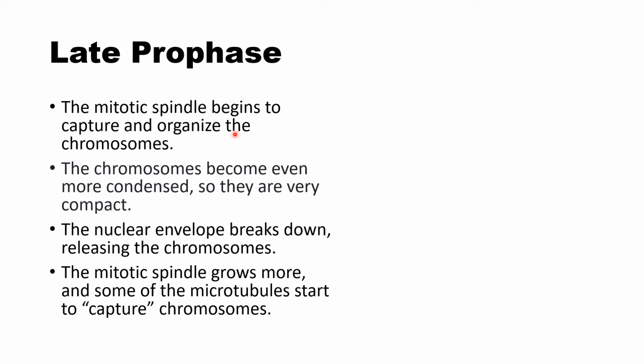So, again, in the late prophase pa rin, the mitotic spindle now begins to capture and organize the chromosome. Di ba? Yung mitotic spindle wherein nandun yung microtubules, nagbabind na sila doon sa mga chromosome, specifically on its centromere. So, with that, yung mitotic spindle now, it will begin to capture it kasi nakabind na mismo. It will begin to capture and organize the chromosomes.